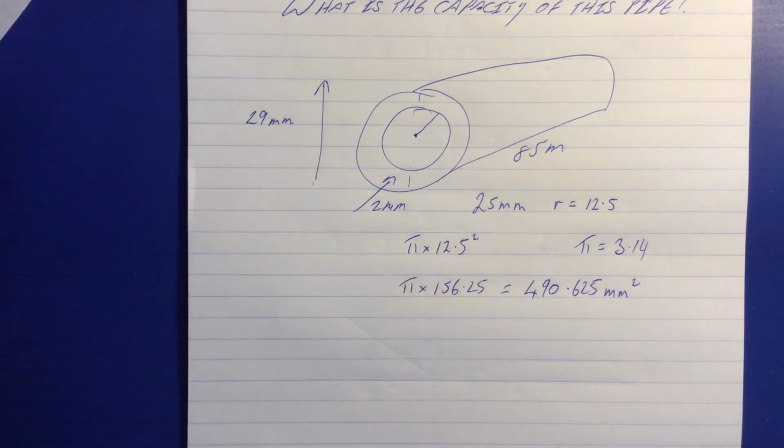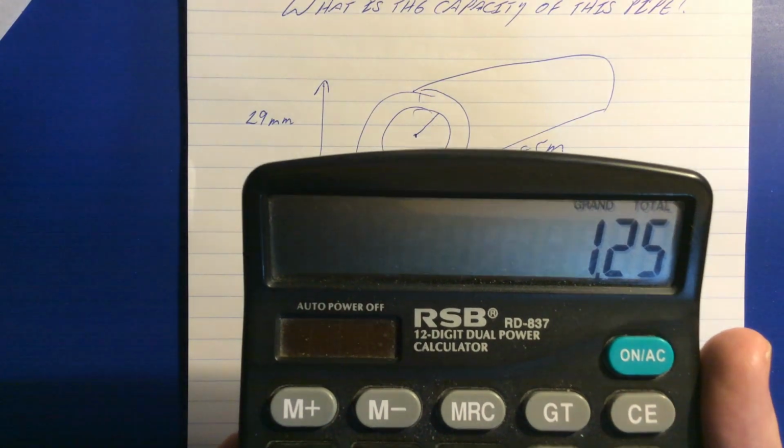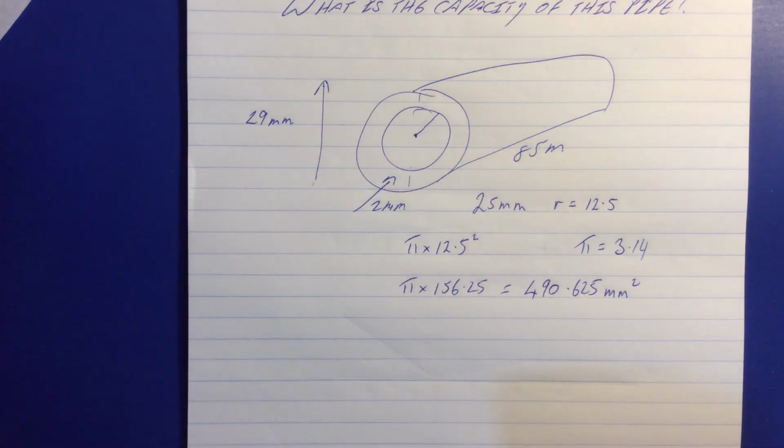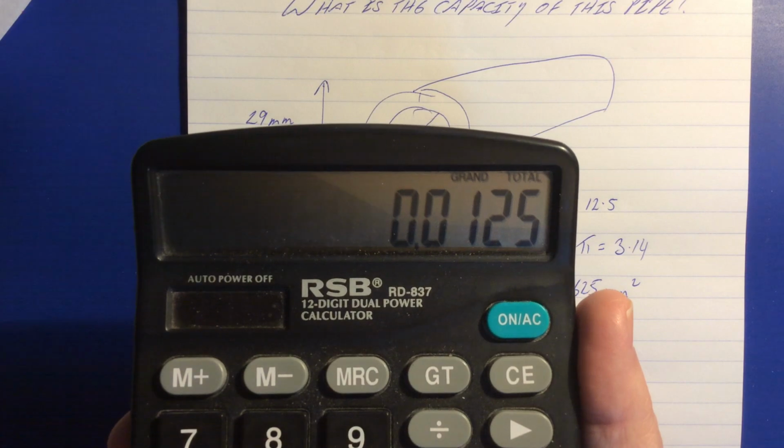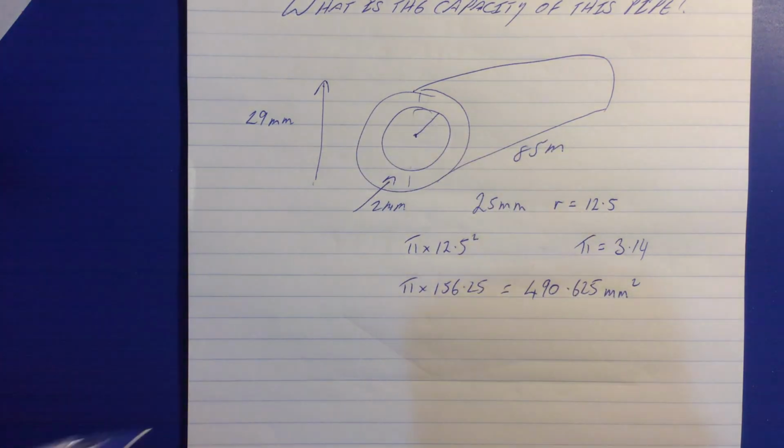Well, we know that our radius is 12.5 millimeters. How do we convert that to meters? Well, 12.5, we divide that by 10, and we get centimeters, 1.25. There are 100 centimeters in a meter, so we divide that by 100, and that's the number that we get, 0.0125.